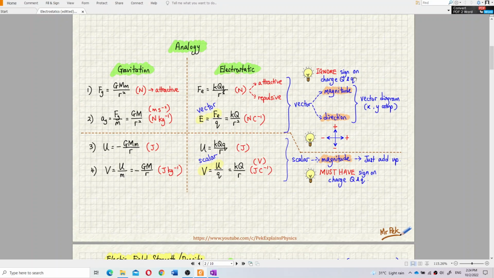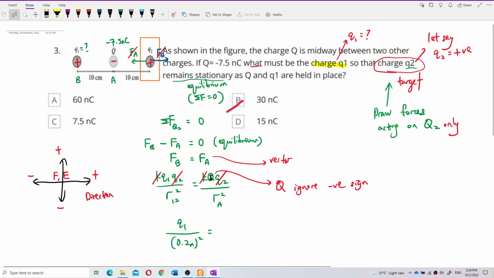We only put positive or negative sign on direction. For the magnitude of a vector, like force or electric field, we ignore the sign on the charge. So don't put the negative sign. You just put 7.5, a positive value, in nanocoulomb. I maintain nanocoulomb because the answers are all in nanocoulomb, so I don't need to change it.